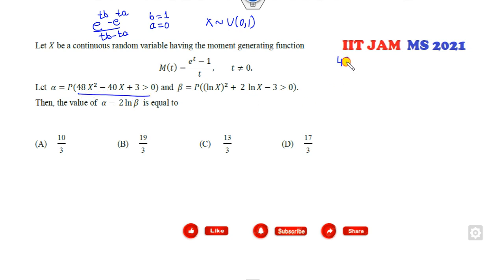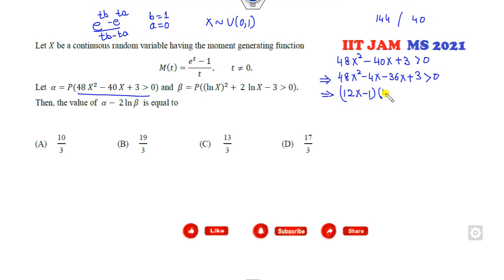Firstly, 48x square minus 40x plus 3 is greater than 0. So what is that? It's 144 and 40, so 36 and 4. Fine. Plus 3 is greater than 0. So what is the meaning of that? 4 will be common. It's (12x minus 1) and (4x minus 3).